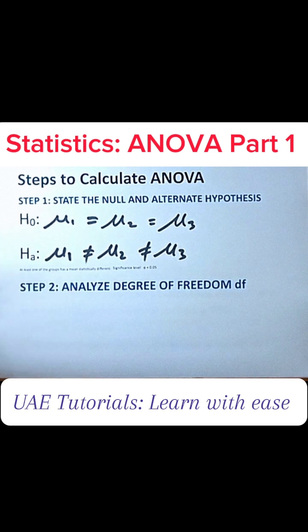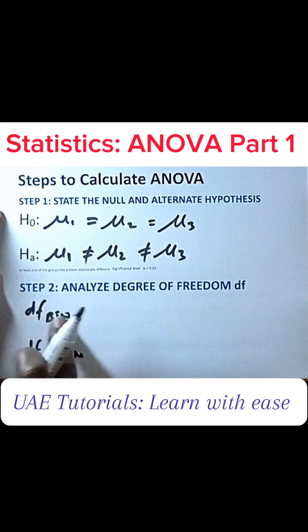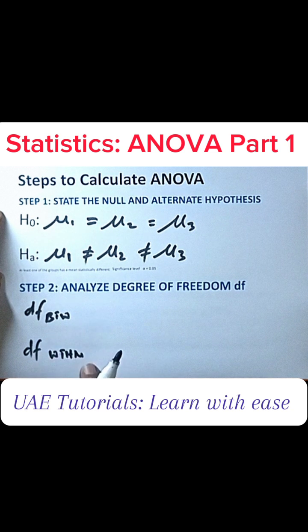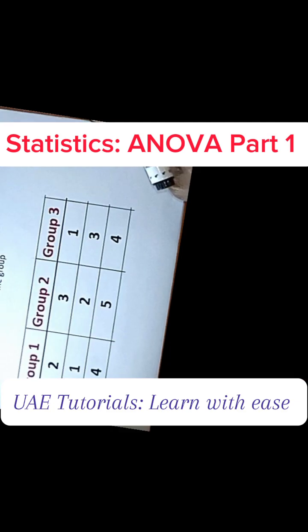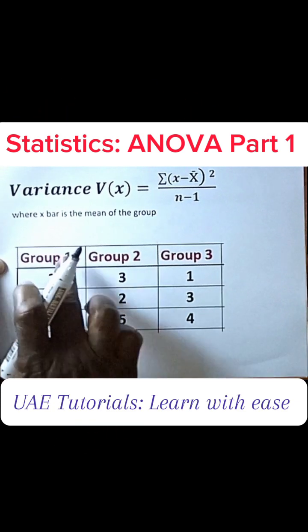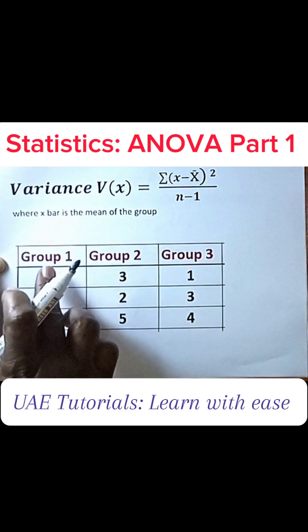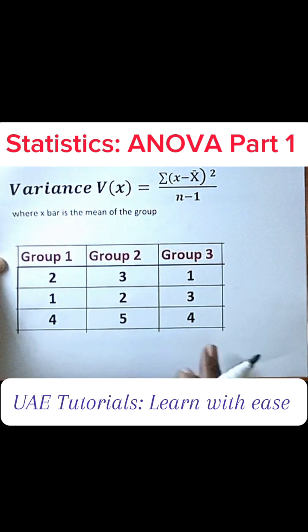Step 2 is to analyze the degrees of freedom. We are going to have 2 different degrees of freedom. So this is the degree of freedom between, and this is the degree of freedom within. Between the groups, in this case, the degree of freedom between the groups and the degree of freedom within each group.